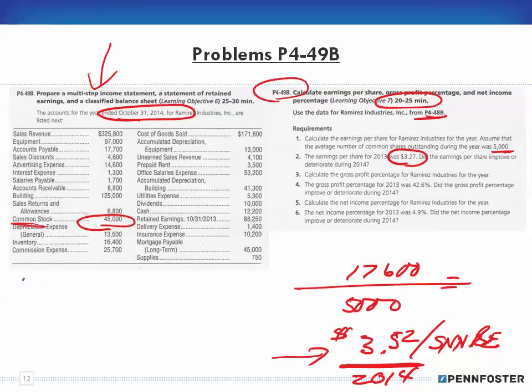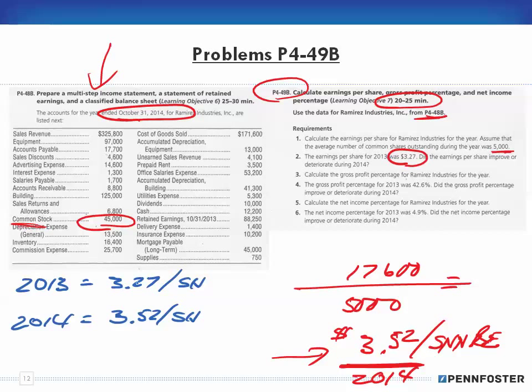If you say, in 2013, my earnings per share was $3.27, per share. And now in 2014, my earnings per share is $3.52. Obviously, it's improved because you're getting more earnings per share, right?